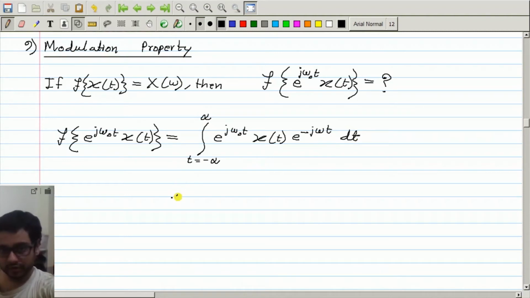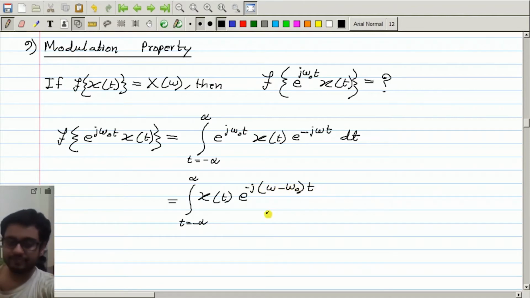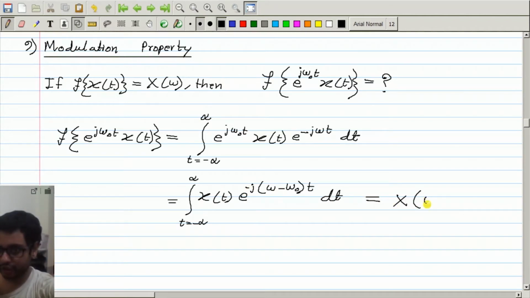Now this is equal to integration of t from minus infinity to plus infinity x(t), and let us merge these two exponential terms together as e to the power minus j (omega minus omega naught) t, like this, and dt, and we are done.